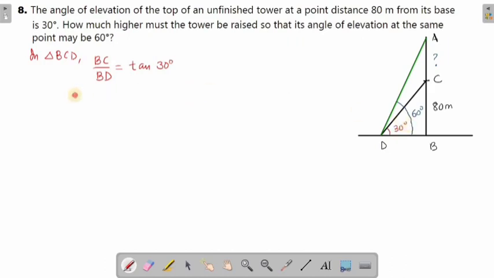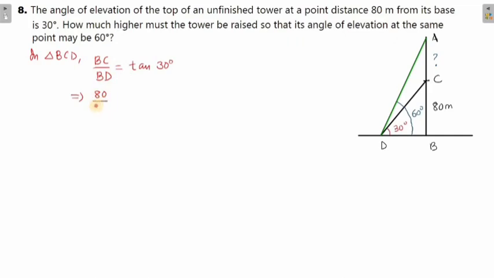Let's put the values now. BC is given to be 80, so 80 divided by BD equals tan 30 degrees. Looking at the table, tan 30 degrees is 0.5774, which can be written as 0.58.